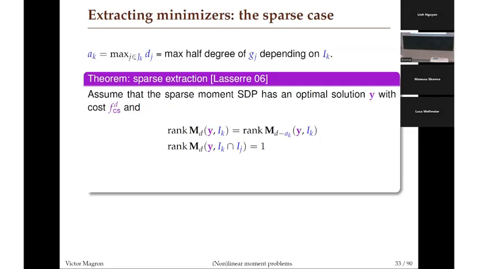You don't need the graph to be colored, you don't need the running intersection property to hold, because this thing is so strong, much stronger than assuming that the graph is colored. So you take whatever subsystems you want, you try to solve the associated sparse relaxation, and if you get these two conditions, then you are a full winner at a very cheap price.